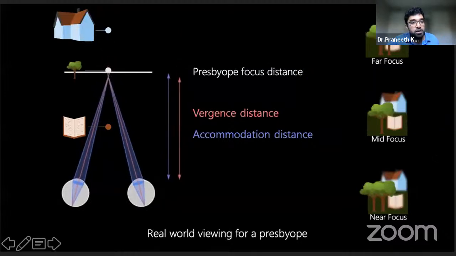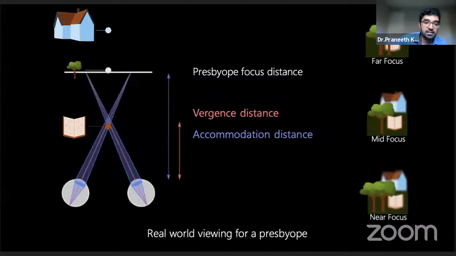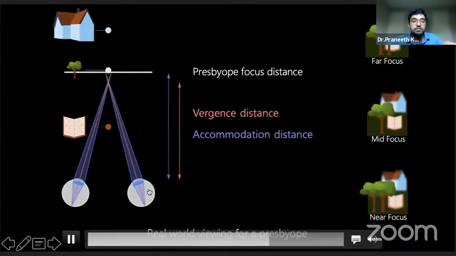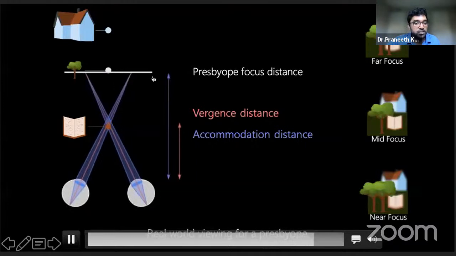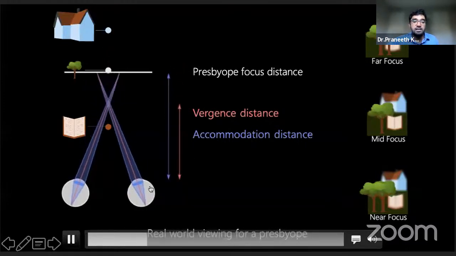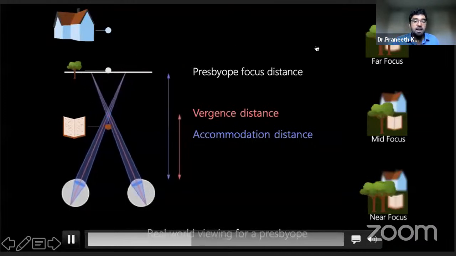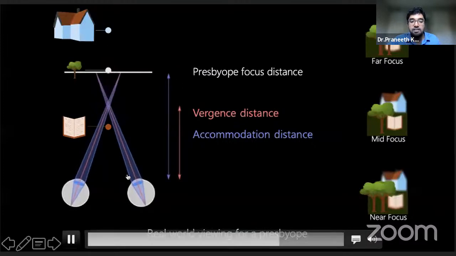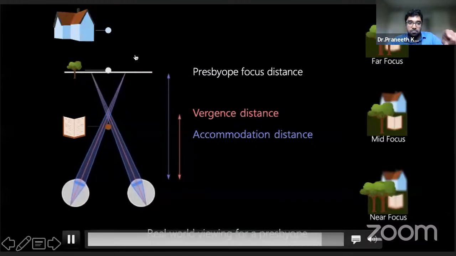Whereas for a presbyopic user, this becomes very tricky, right? So for a presbyopic user, as I said, the eye lens is only focused at one distance. Let's say this is the distance at which the presbyope is focused at. But when the user wants to look at the house, the house is still blurry because the eye lens is not focused on the house.